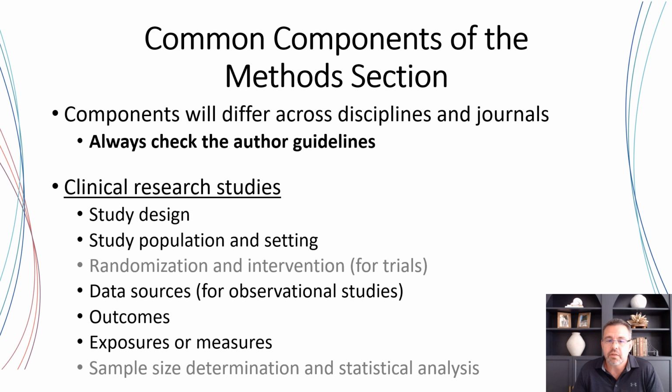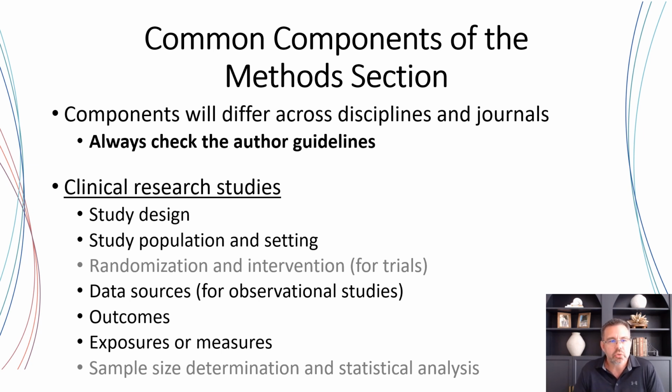When that information isn't available, another piece of advice that I have is certainly to look for several papers from this target journal of interest and to look at those method sections, to read them over, and to see how other authors are outlining their method section, and to use that as a template for when you're writing your own paper. That being said, for clinical research studies, we do often see a few standard subsections into which the method section is broken down.